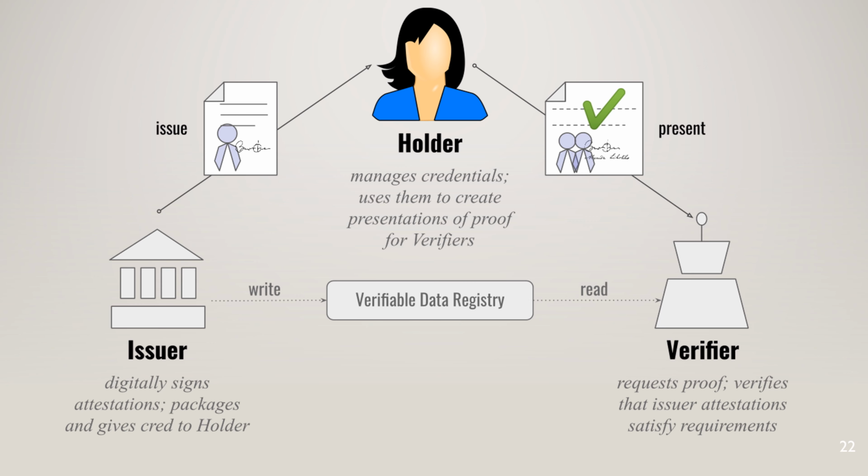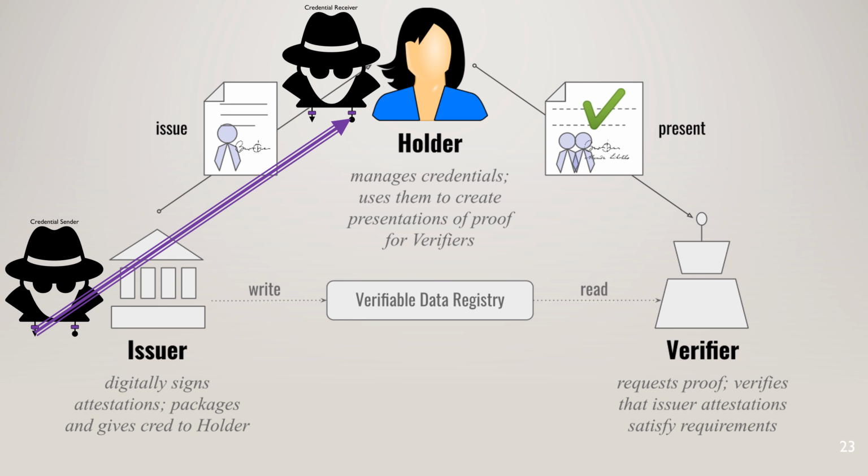It is received by the holder, so the holder is acting as a credential receiver. And then that holder may want to present the credential itself or present a verifiable presentation. In this case, on the right-hand side of this diagram, the holder is acting as a credential sender, and the verifier is acting as a credential receiver.